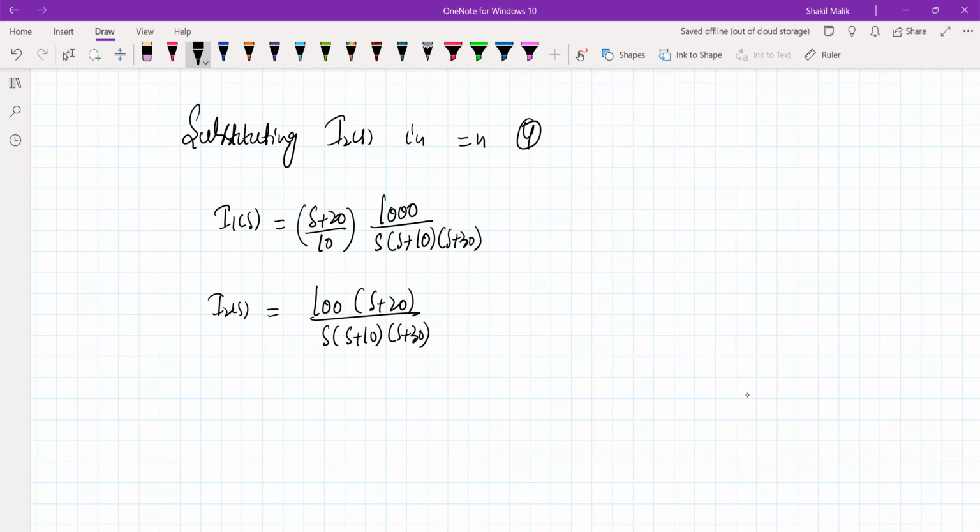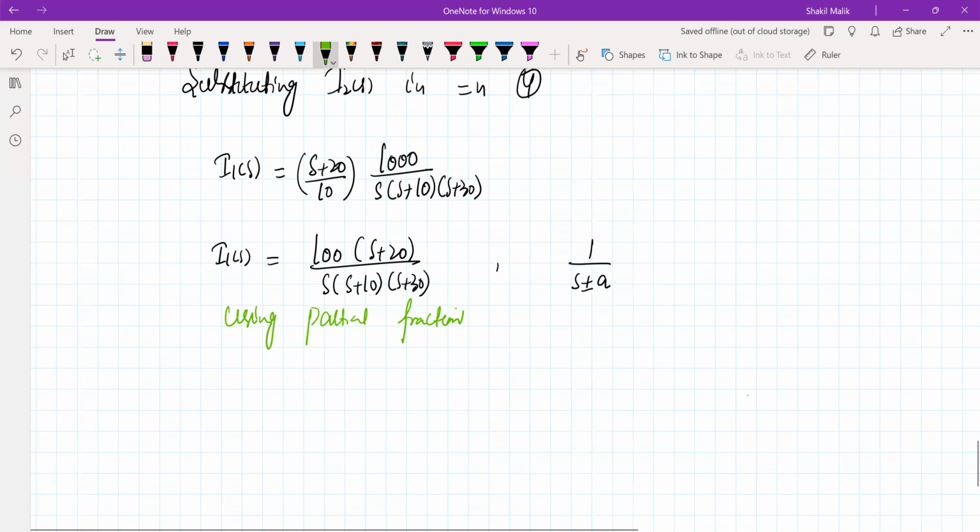So again, to find I1 of S, we need to convert this into the form of 1 by S plus or minus a, right? So we'll use the partial fraction method here.